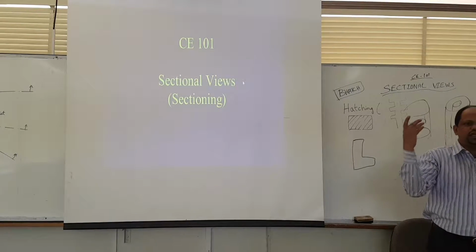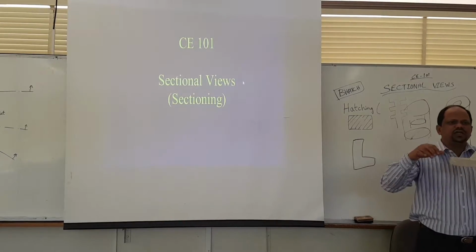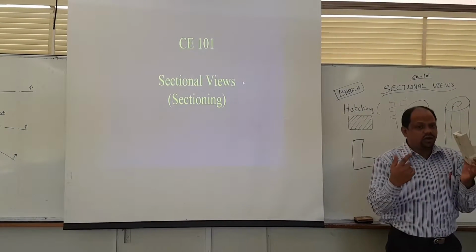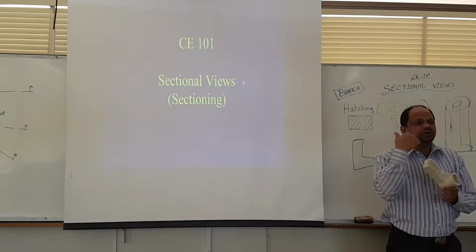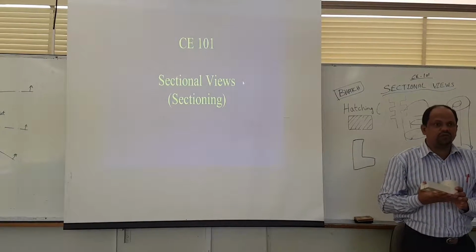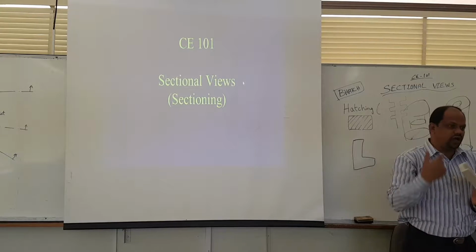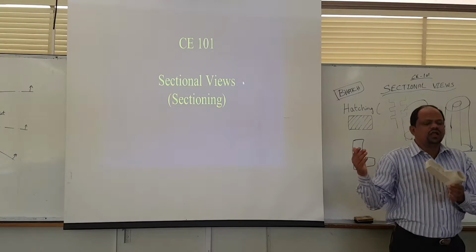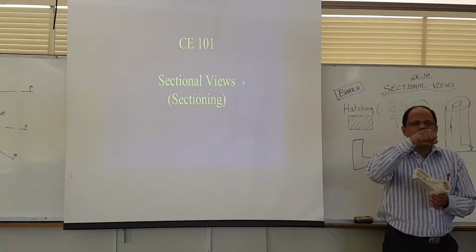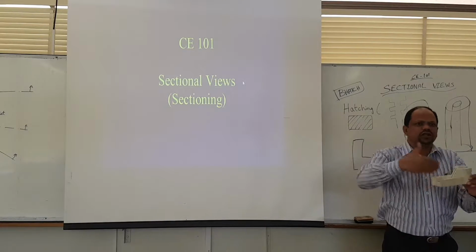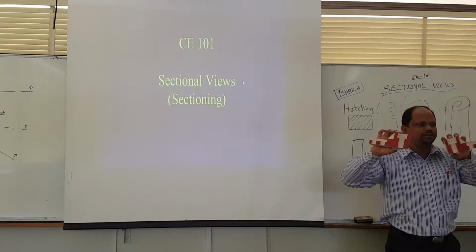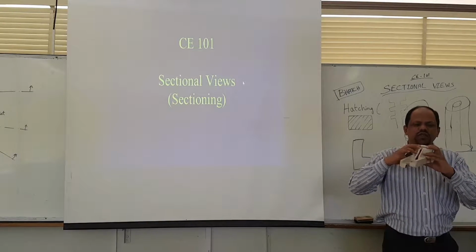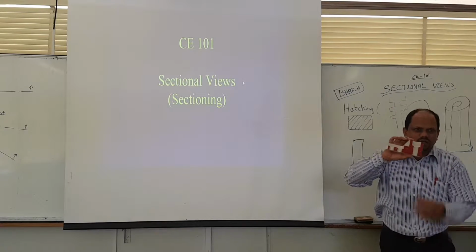Now, there are certain objects where the internal details are too many to be shown as hidden lines, or even if you show them, it may not communicate the object fully or very clearly to the other person. In such cases, we go for sectioning. In one word, like a punch line, what is sectioning? It is nothing but cutting the object to see the internal part. That's what a sectional view is.